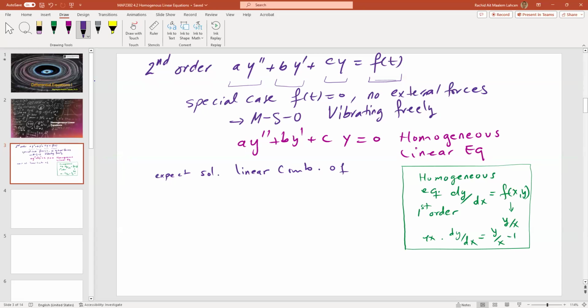So here we must have the property that the second derivative is expressible in terms of a linear combination of the first derivative and the function, or we say the zero derivative.